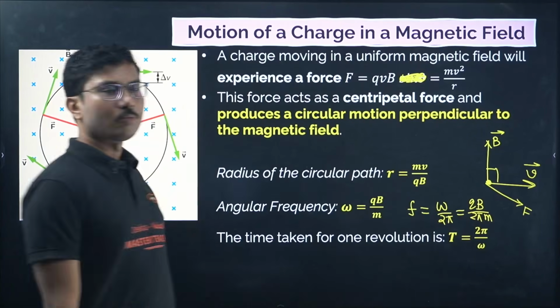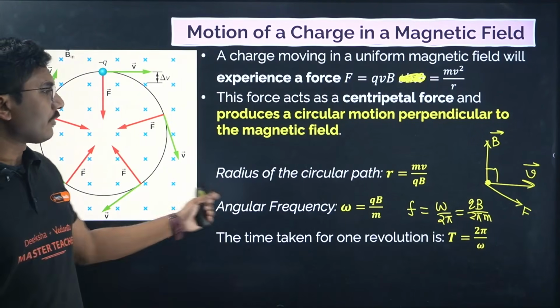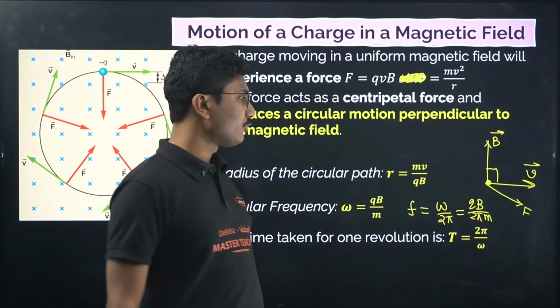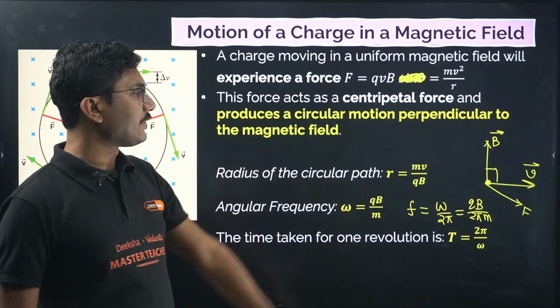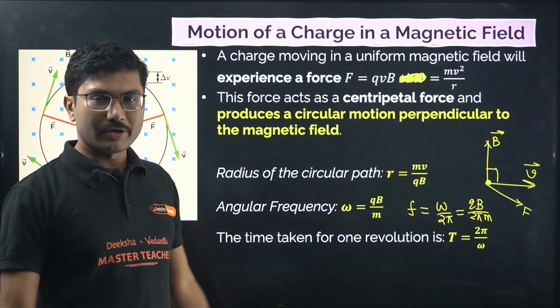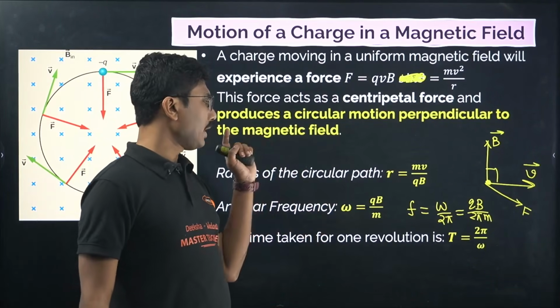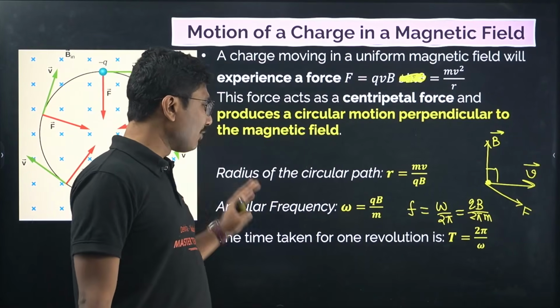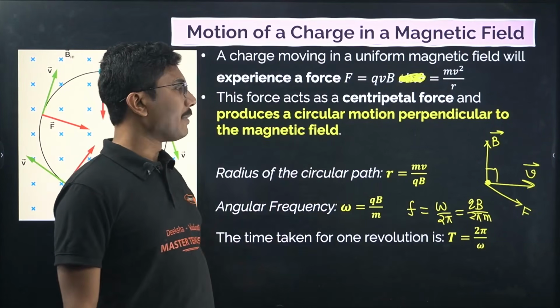These are important formulas that you should remember: angular frequency, time period and frequency. The radius of the circular path is mv by qB, and angular frequency is qB by m.